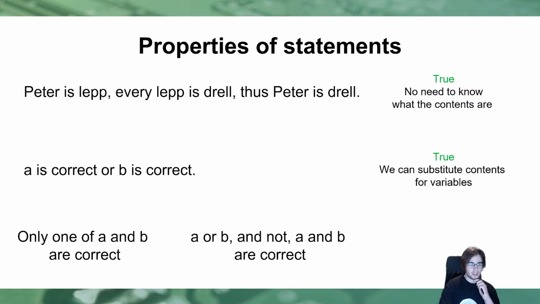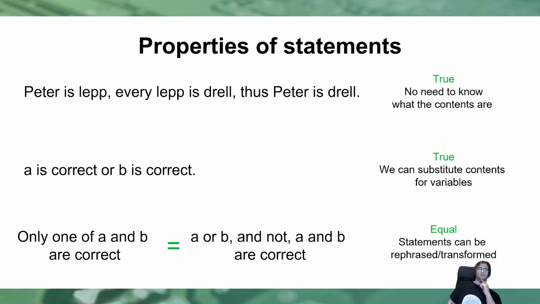And the last one: only one of A and B is correct, and: A or B and not A and B are correct. Those statements are equal. You can go through that. Basically, we can rephrase statements. There is a whole set of rules for that.